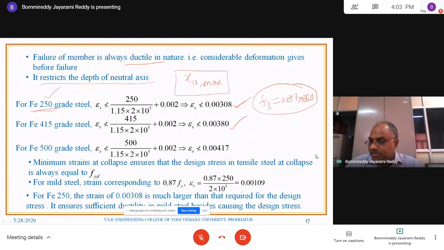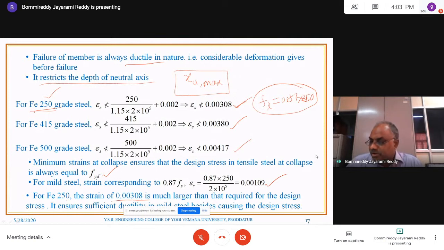And similarly for 500 grade, this is how it is computed. The minimum strain at collapse ensures that the design stress in tensile steel at collapse is always fyd. And for mild steel, the corresponding value is 0.00109, and naturally in this particular assumption, it is considered that the strain should not be less than 0.0038 in case of mild steel.